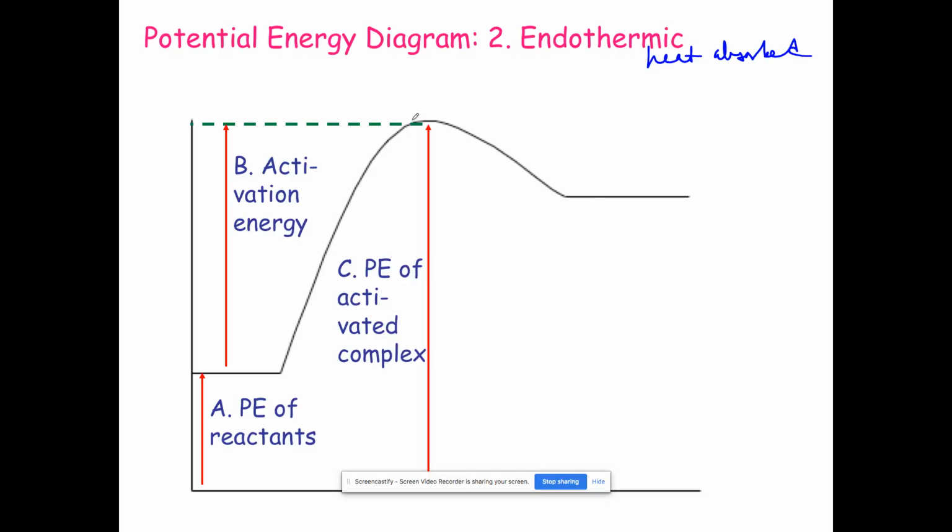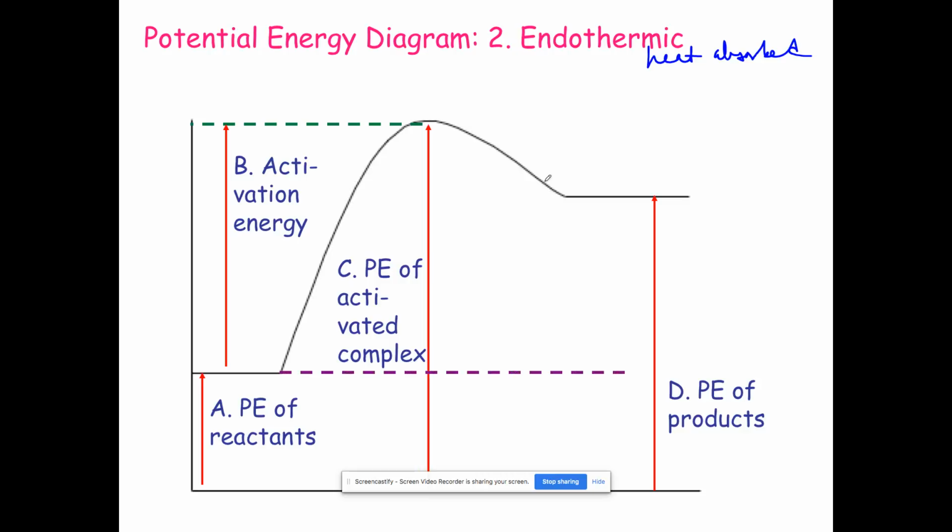So we're at the highest crest, and then we come down, and then flat line again, meaning our reaction is over. So we are at the products. And the last section is the difference between where you start and where you end. And remember, that is called the delta H, or the heat of the reaction.